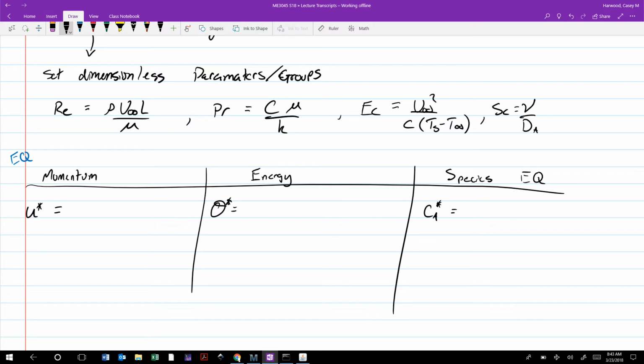And if we looked back at each of those equations, what we would find is, and this is where I need to consult the notes, that for the momentum equation, the solution is going to be a function of, for example, x star, y star, so the location in a flow, the Reynolds number, and the dimensionless pressure gradient.